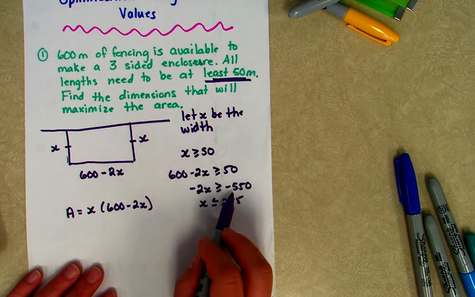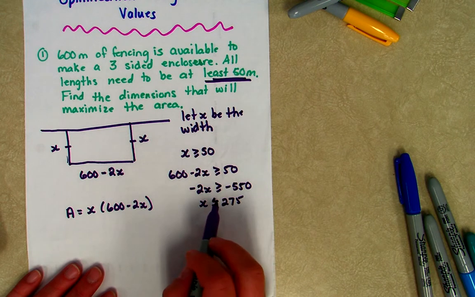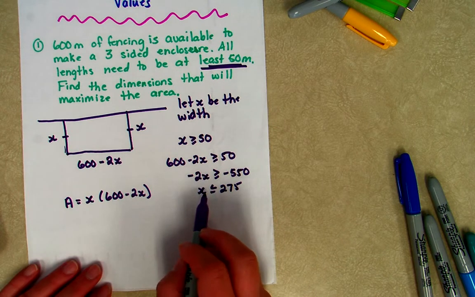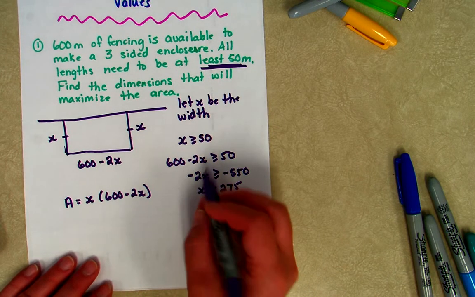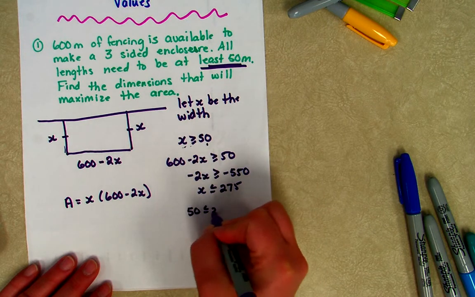That's where I got negative 550. Then dividing by negative 2, and that's where I got 275. But don't forget to maintain the truth of an inequality: if you divide by a negative, you have to flip the sign. So here's my interval. x is between 50 and 275.